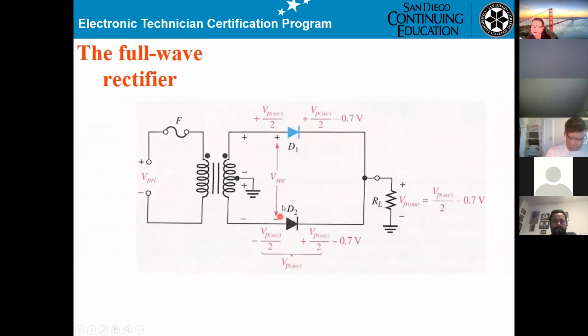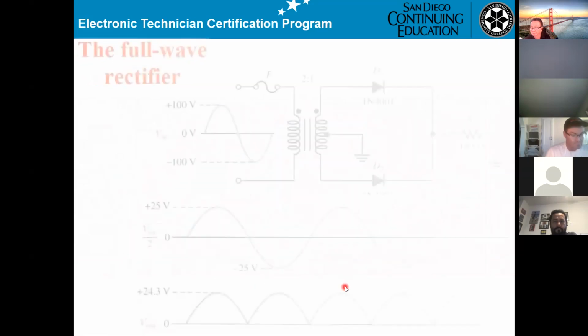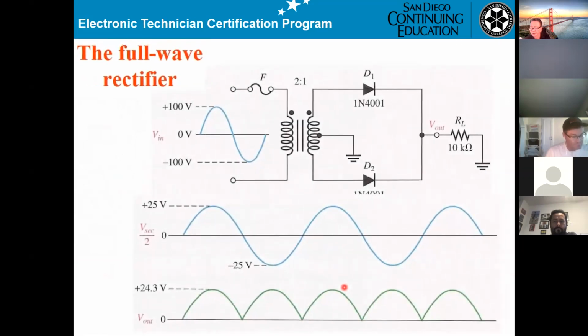Also just more detail for you guys to read. Finally, they give you more detail, even the value here, peak to peak 200 volt. And the output coming out, that is the full wave output.